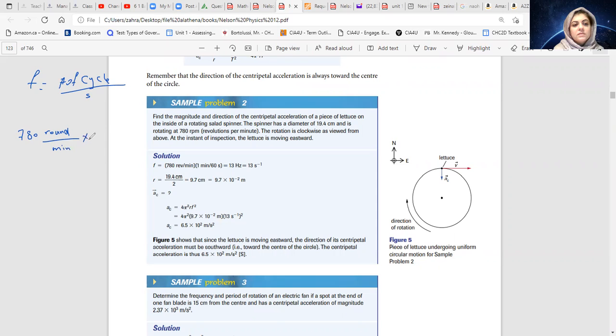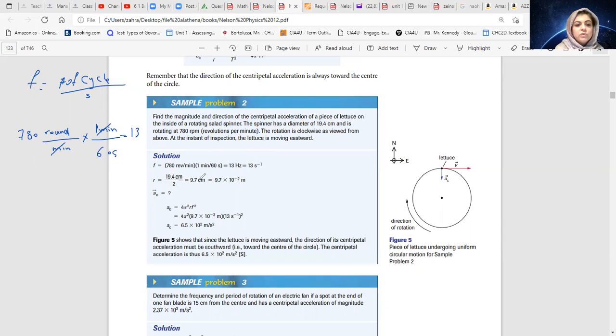I know that 1 minute is 60 seconds. 1 minute needs to go on the bottom because I want to cancel minute and minute. If I do that, minute and minute cancel, and 780 divided by 60 will give you 13. The unit for that is going to be inverse seconds, or hertz.